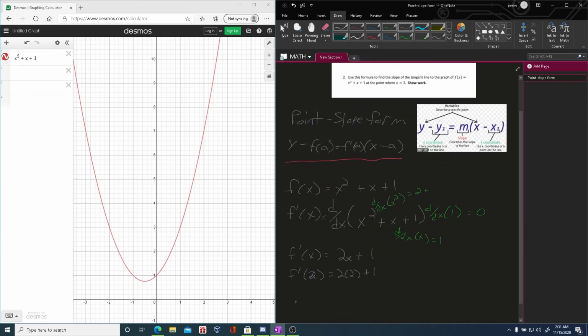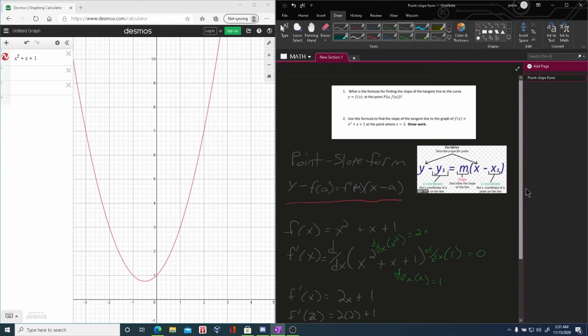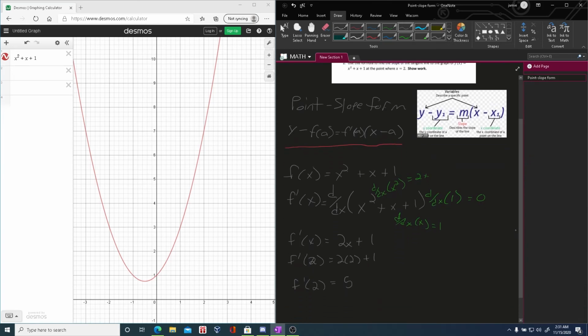So f prime of 2 equals 5. And that would be the answer. So we just used the f prime of a here to find f prime of x, and we plugged the x value in and got the slope right there.